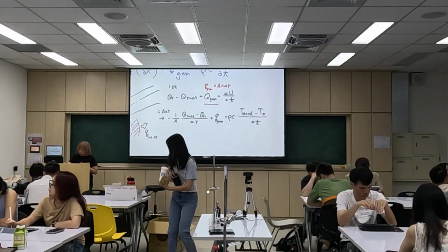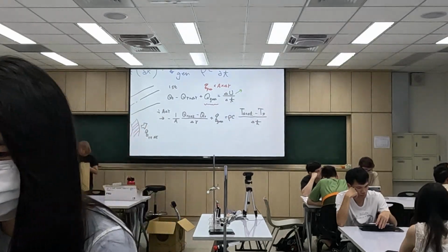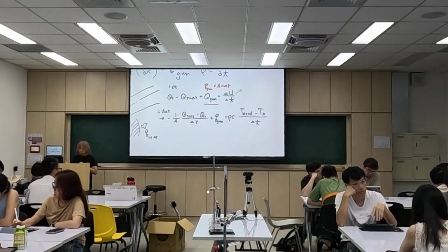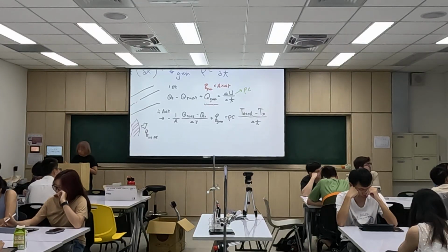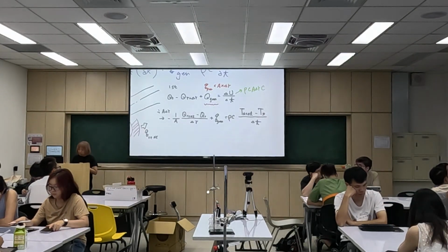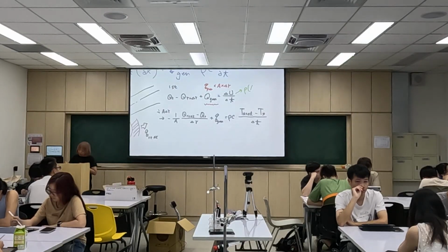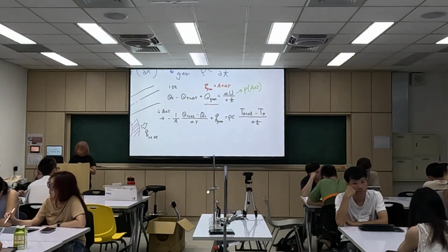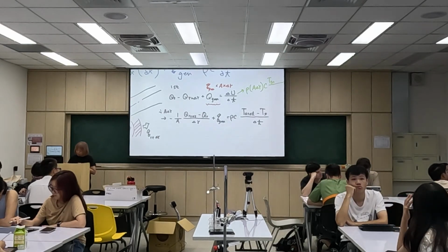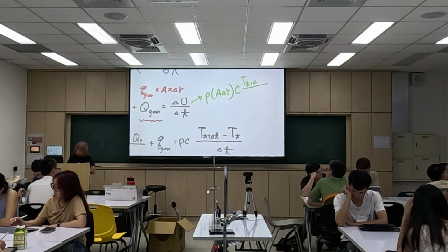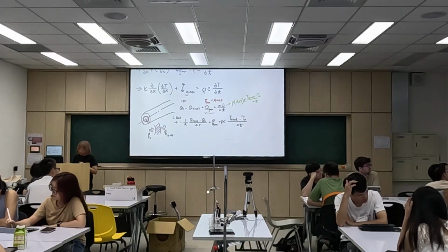Okay, so if you happen to miss why the delta U over delta t will become rho C and times the time difference, I wrote this a little bit, so this will become rho C A delta r, and C, delta T.